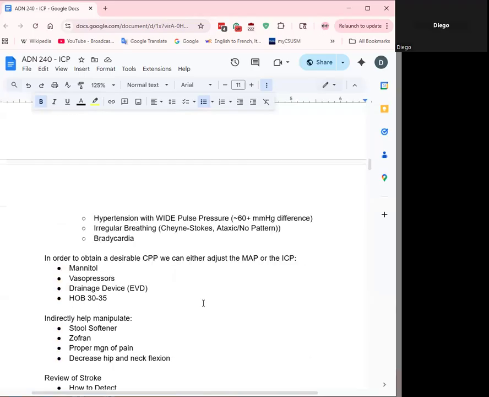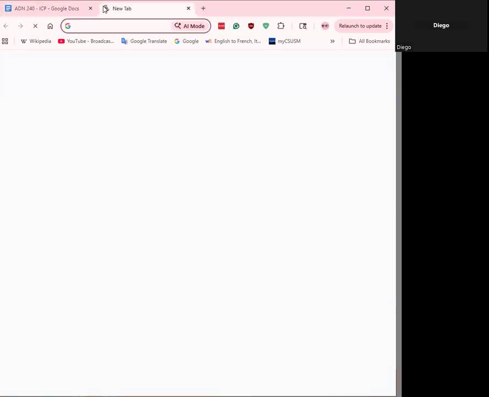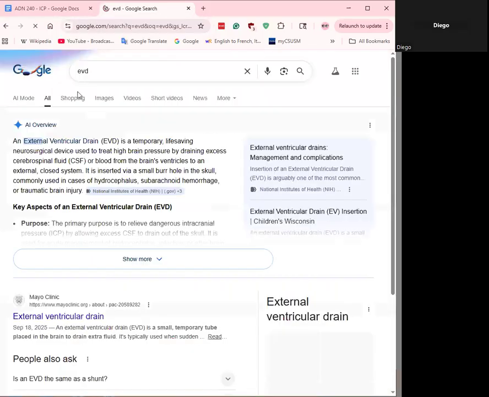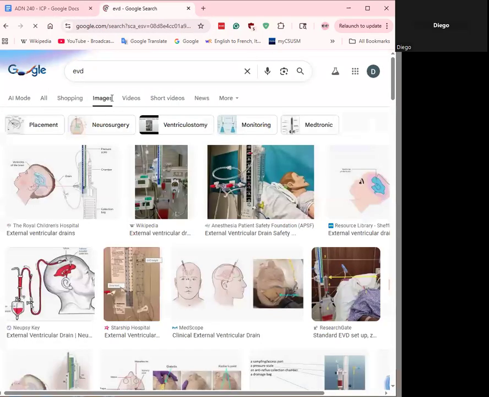We can either adjust the MAP through vasopressors, or we can manipulate the ICP through things like mannitol, which is an osmotic diuretic, to decrease some of the fluid shift going to the brain, or a drainage device like an EVD, which gets inserted into the brain in order to drain some of the cerebral spinal fluid.